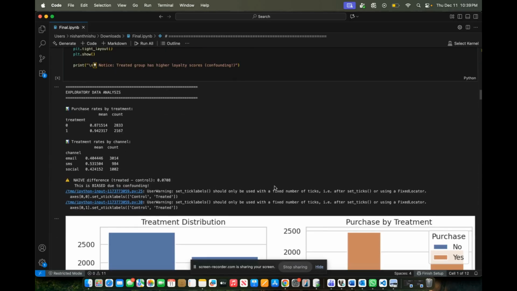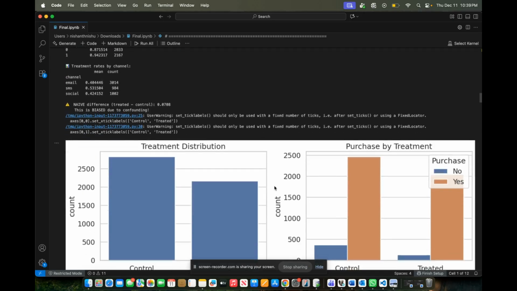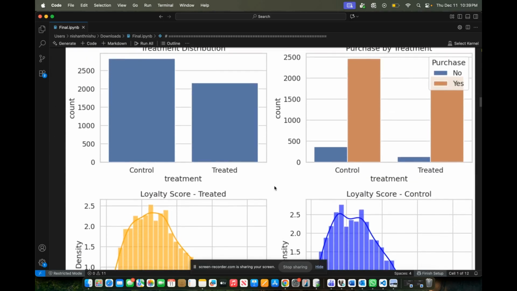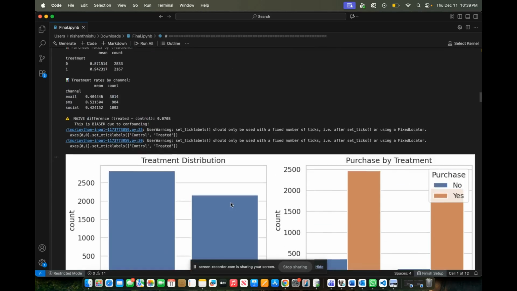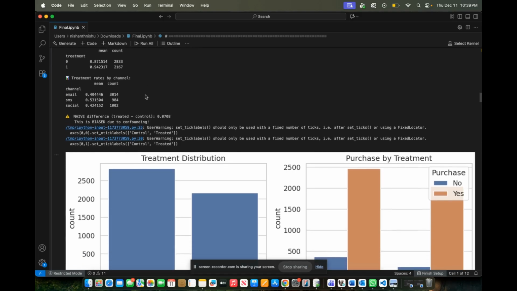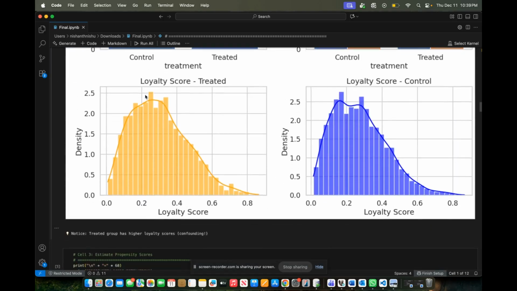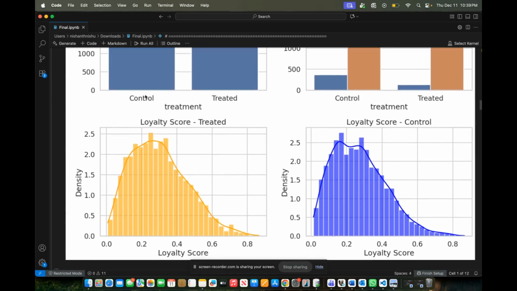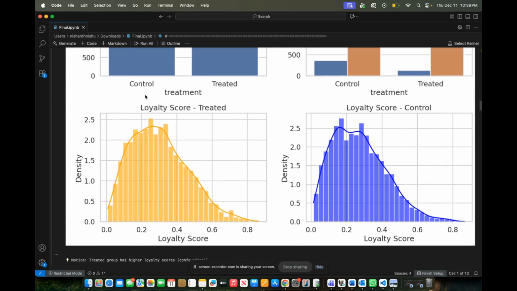In cell 2, we compute the naive treatment effect, the naive difference in purchase rates. Here we can see the purchase rates between treated and control groups. We get about 8.2 percentage points increase for treated customers.